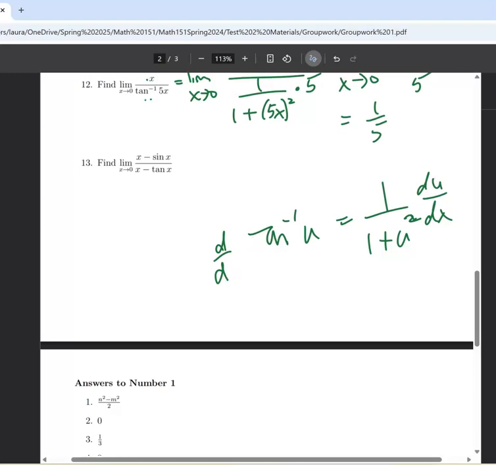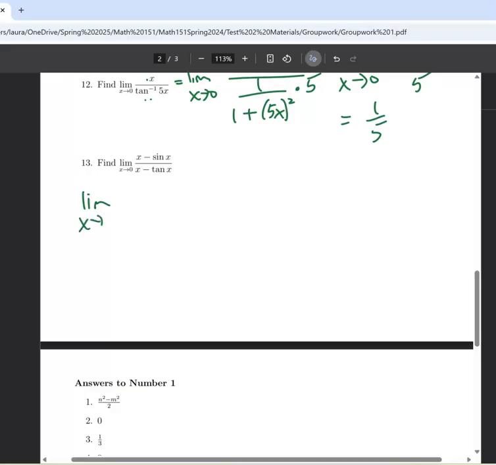And let's look at this last one here. So if I plug in x equals 0, I get 0 minus 0 in the numerator, 0 minus 0 in the denominator. All right, so 1 minus cosine of x all over 1 minus secant squared of x. Cosine of 0 is 1. Secant squared of 0 is 1.